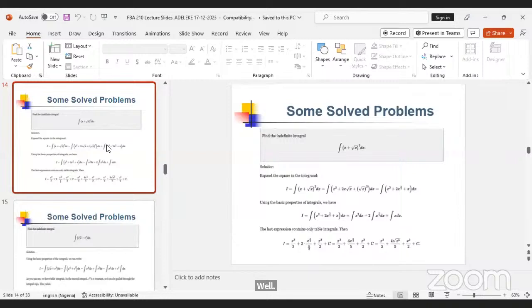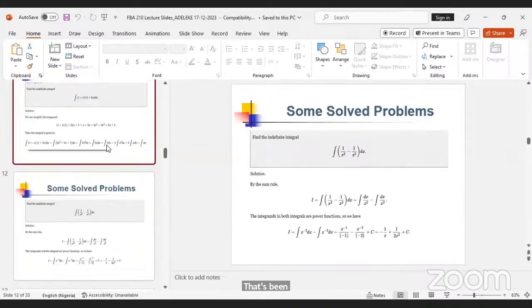That was why I am going through the concept of integration from first principle. So what I'm actually doing is going through integration from the beginning. Maybe I'm moving too fast. What I'm doing now is actually the basic integration.